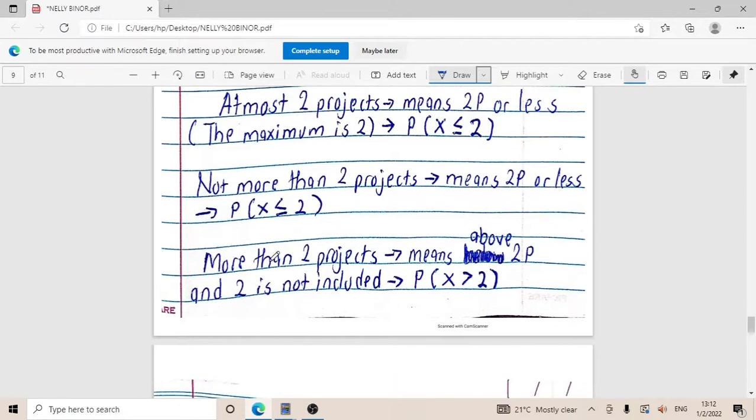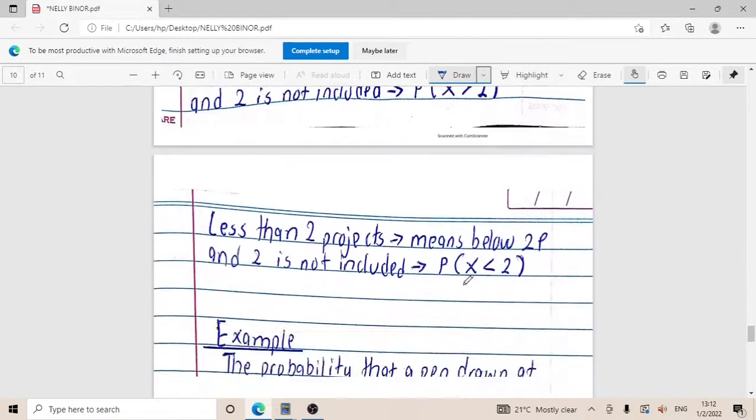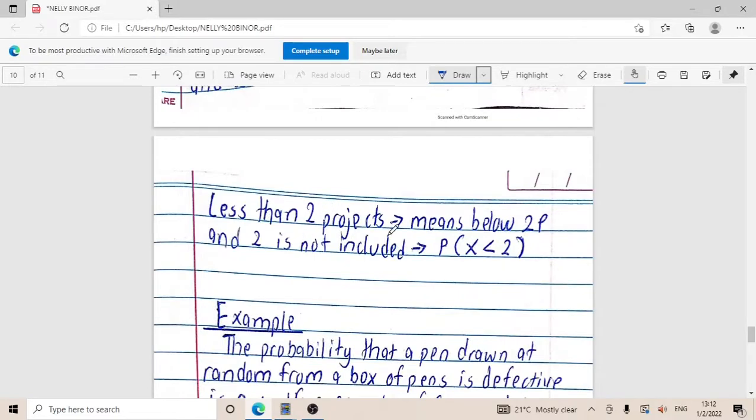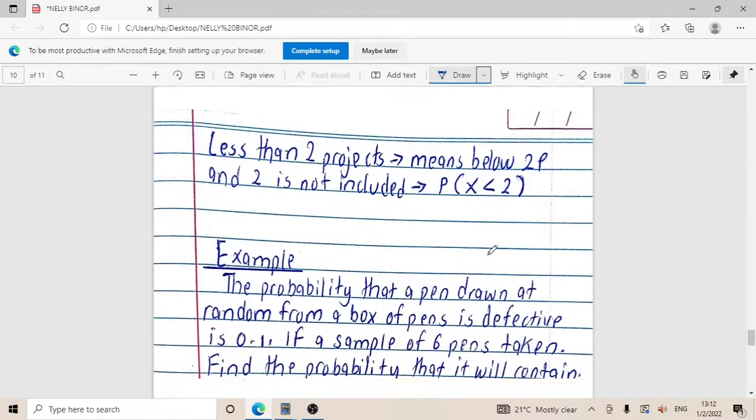And for more than 2 projects, it means above 2 projects and the 2 is not included, so it will be probability x greater than 2. For less than 2 projects, it means the 2 is not included, which will be x less than 2.